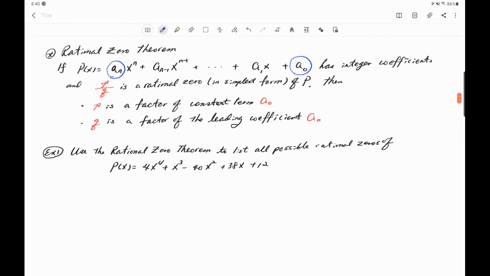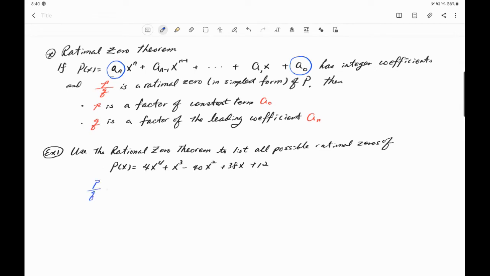Okay, let's see an example. Use the rational zero theorem to list all possible rational zeros. So if there is a rational root, then the rational root will be p over q.